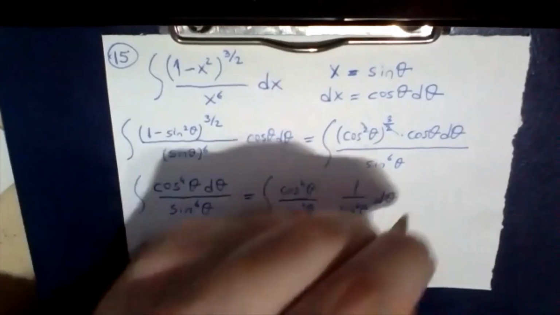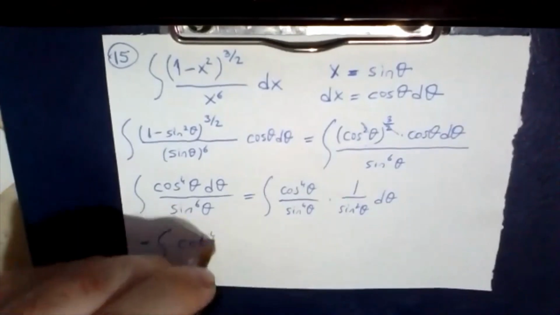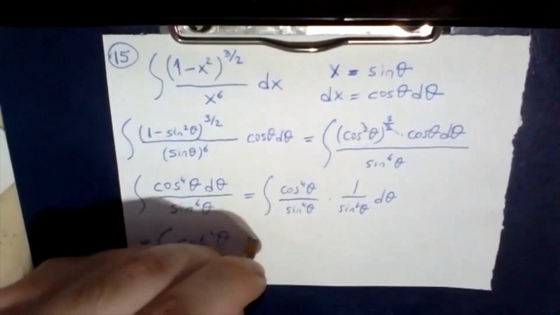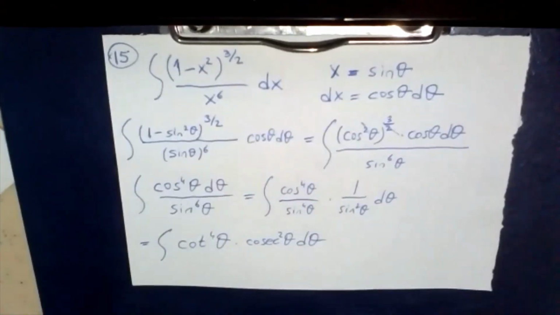Or we can write it as cotangent to the 4 theta times cosecant square theta d theta. Then it will become a trigonometric integral. This substitution should be good for it.